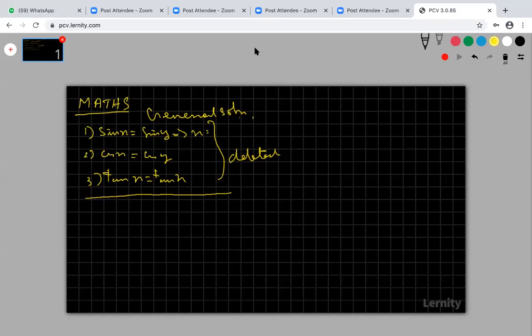This lesson is almost completed. Today we will discuss some more problems, and if possible tomorrow also. After that we will finish this trigonometry chapter and go to the next one.